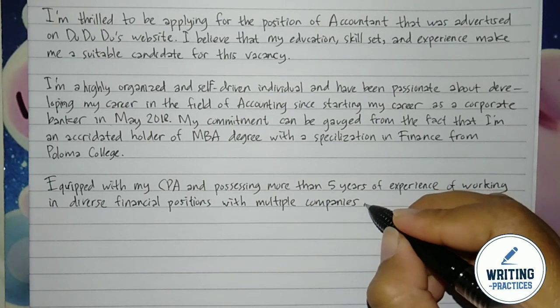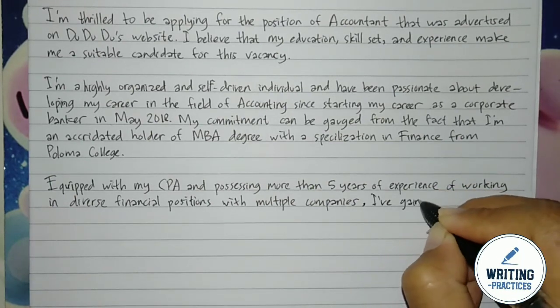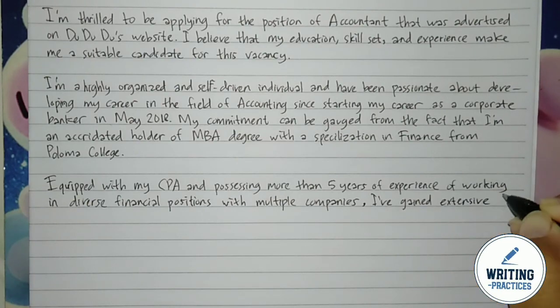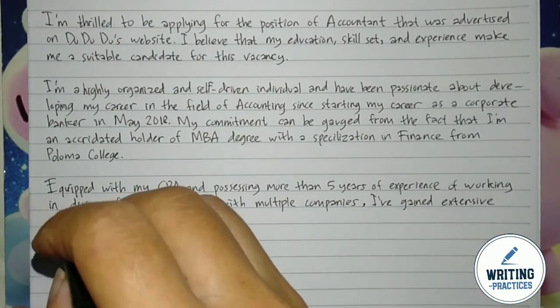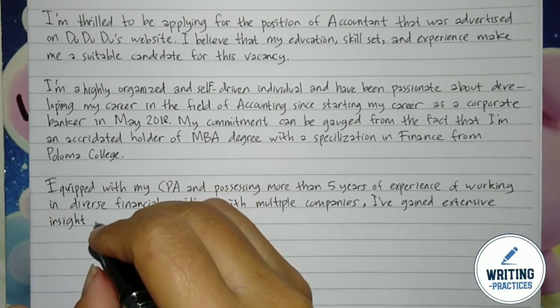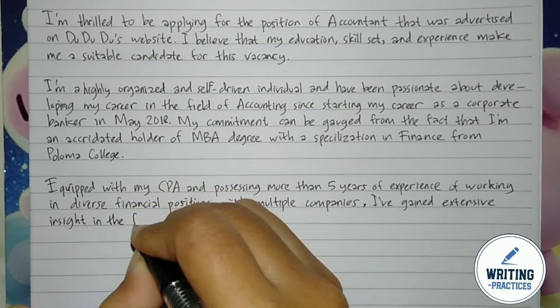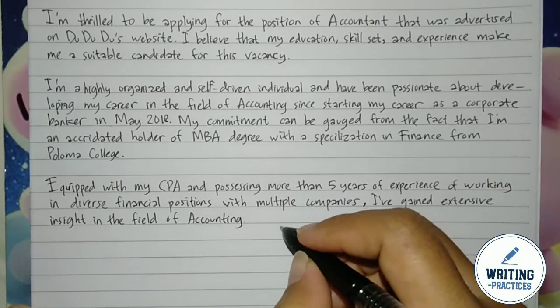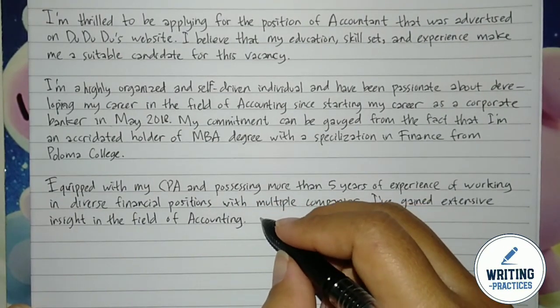And you must mention what kind of positions they are. There may be diverse financial positions in your past and you don't need to mention them one by one. Let your resume do this job. Here, you just write the highlights or the big picture of it.